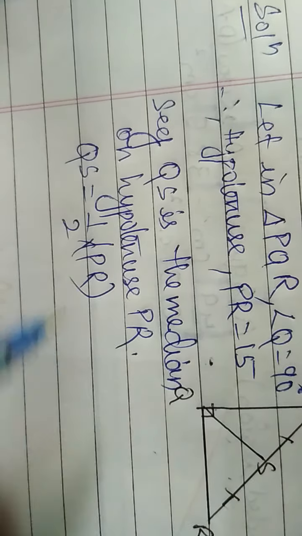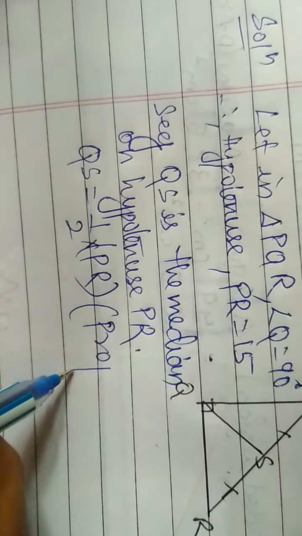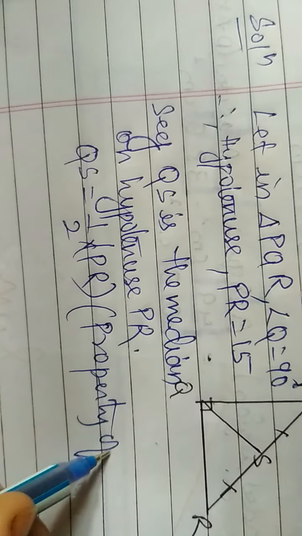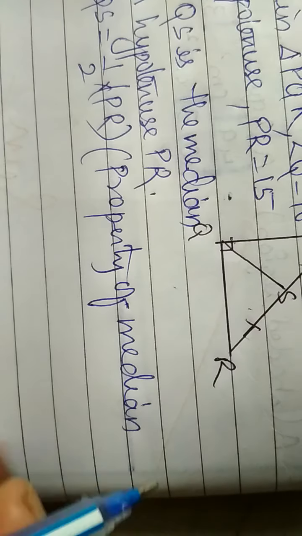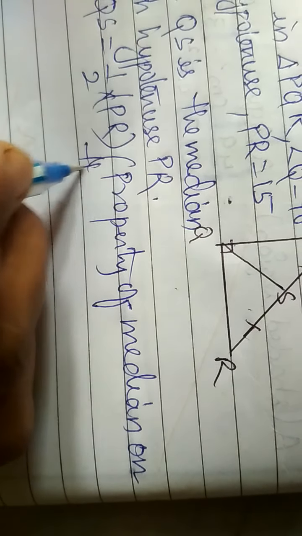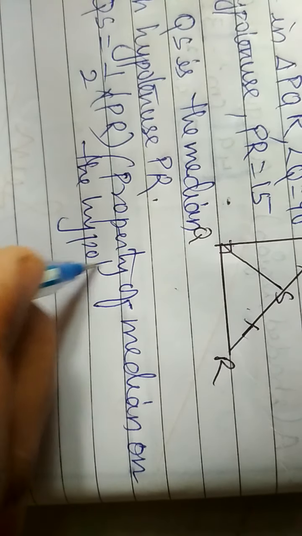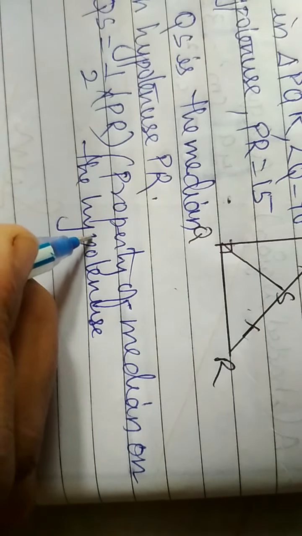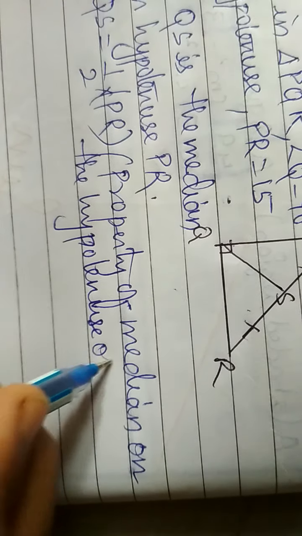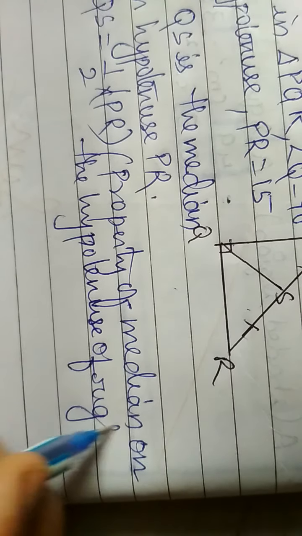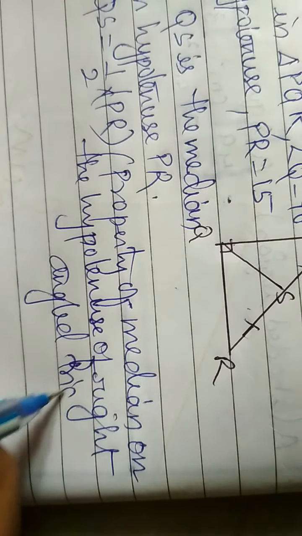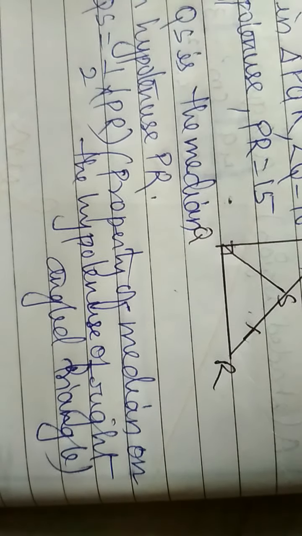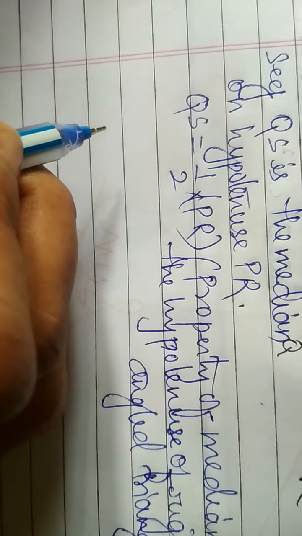The property you will mention here is the property of the median on the hypotenuse of a right angled triangle. This is the property that you have to mention.